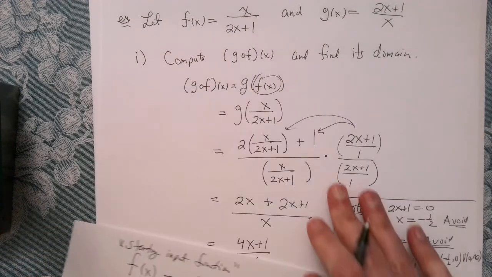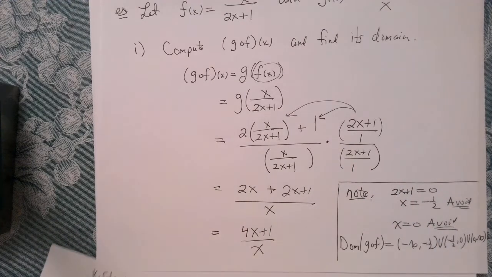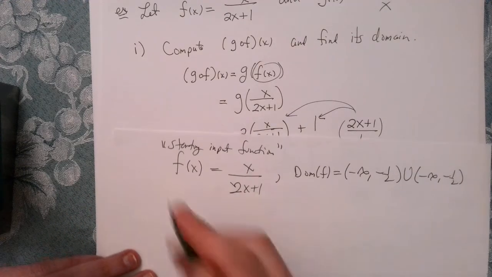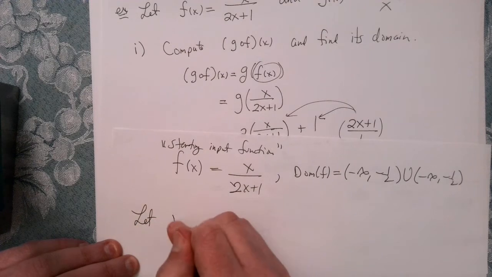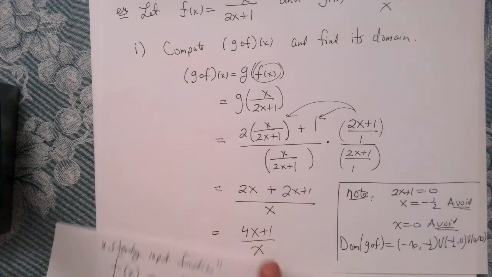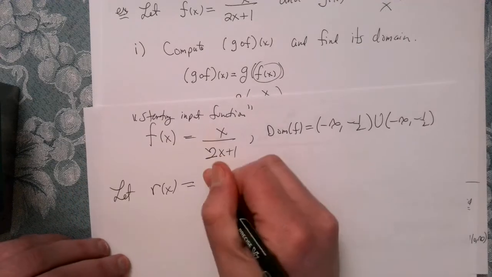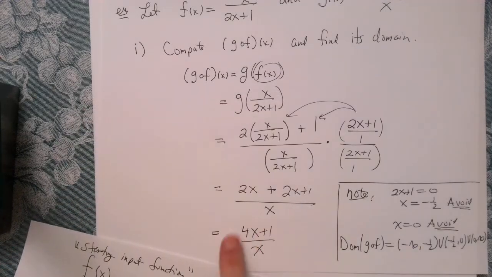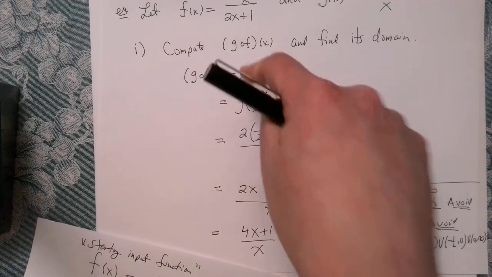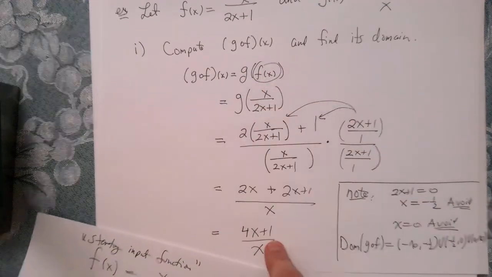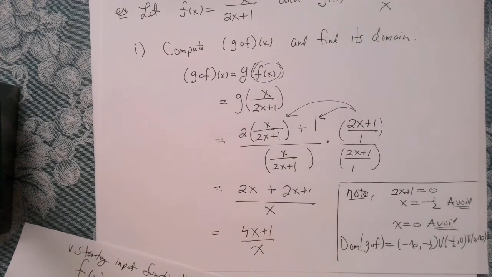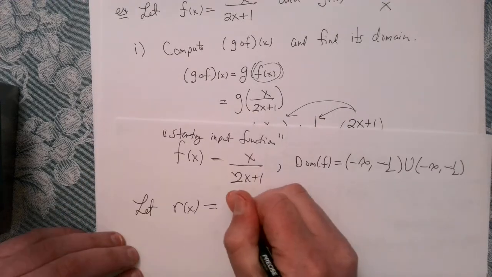And then they'll say, once they get to the ending function, let r of x equal this function here. So this function by itself, almost ignoring the sequence of steps that generated it, but imagine it's all by itself.